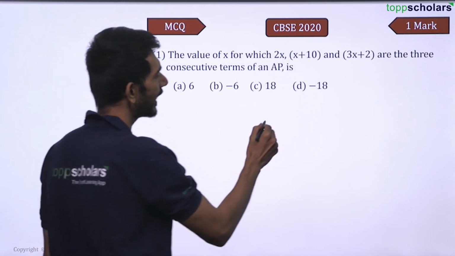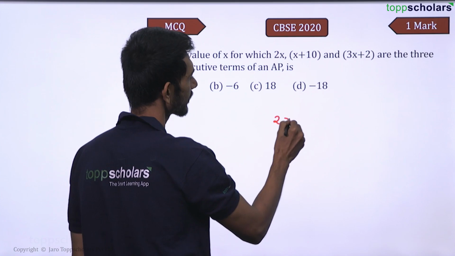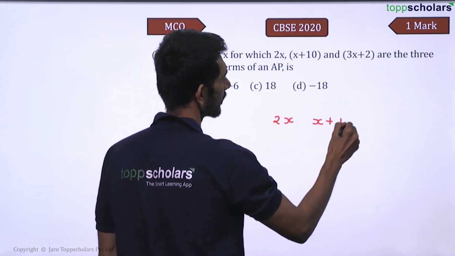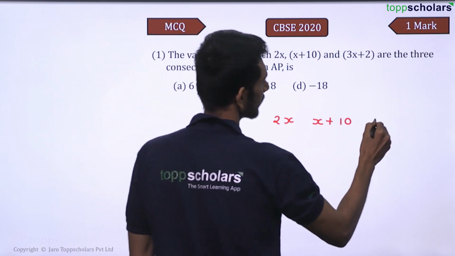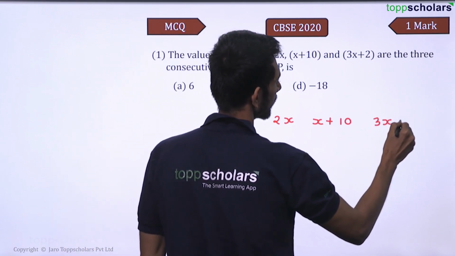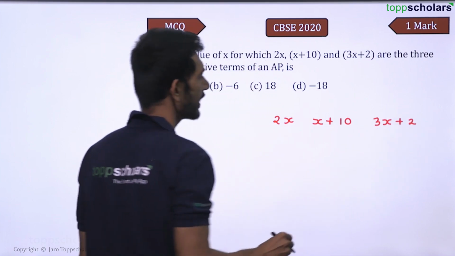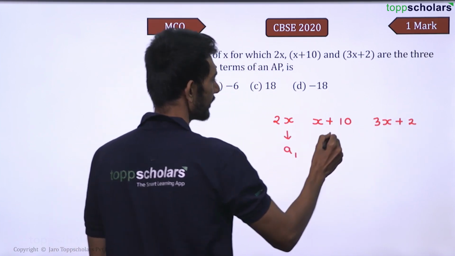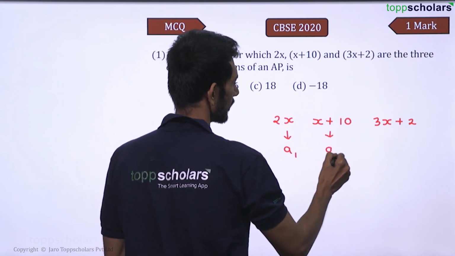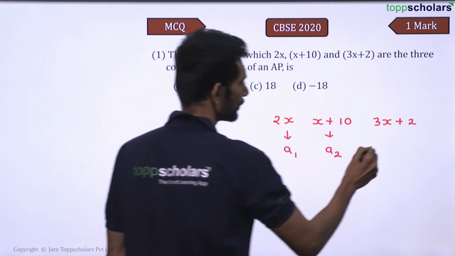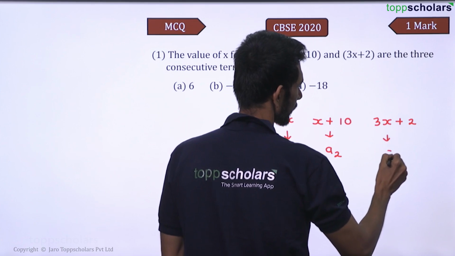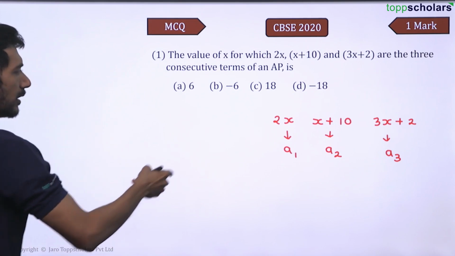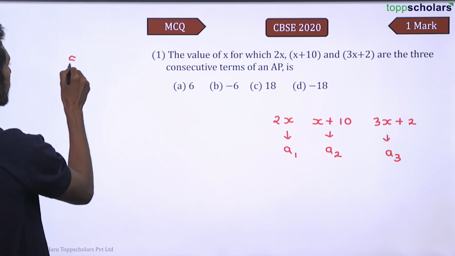Suppose I have 2x, x plus 10 and 3x plus 2. If I consider the first term as A1, this as A2 and this as A3.